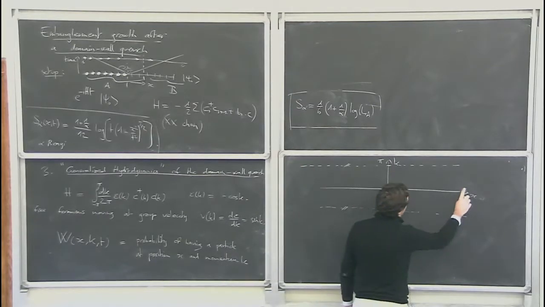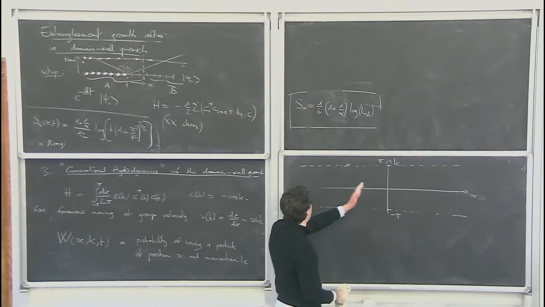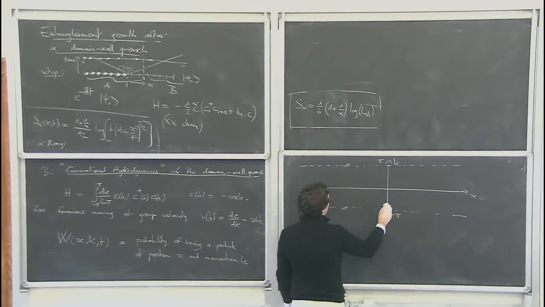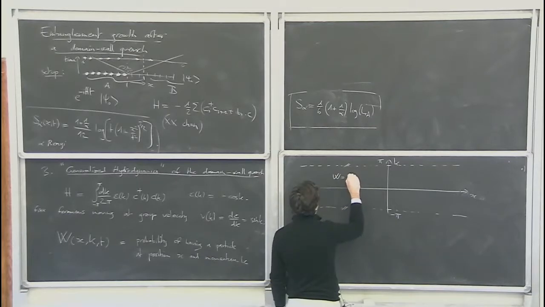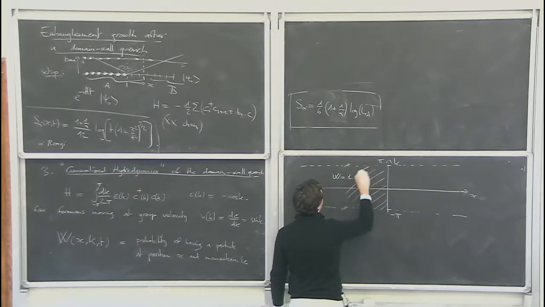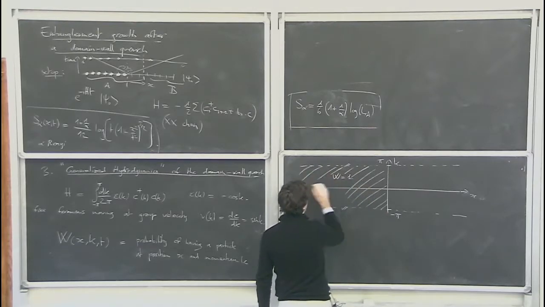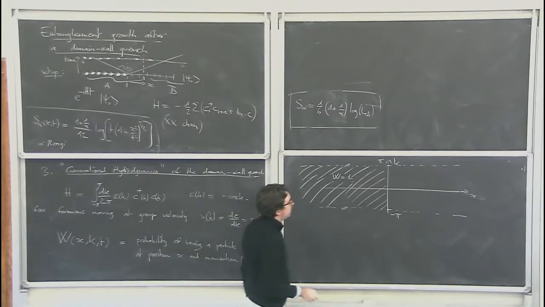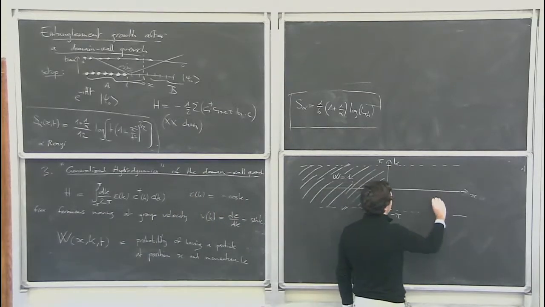And so initially, since the system is completely filled on the left, there are particles everywhere on the left. My function W here has to be 1 on this side, so the probability of having particles on this side is just 1, and the probability of having particles on the other side is 0.